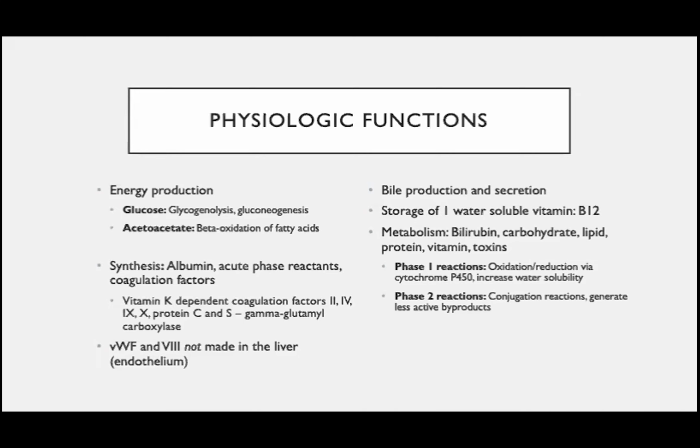A point is that von Willebrand factor and factor VIII are not made in the liver, rather they're made in the endothelium. It's responsible for biotransformation and secretion. It stores one water-soluble vitamin, B12. Metabolism: bilirubin, carbohydrates, lipids, proteins, vitamins, and toxins.